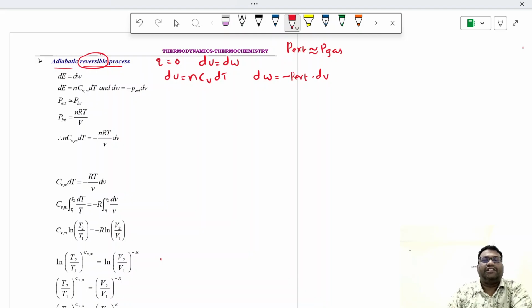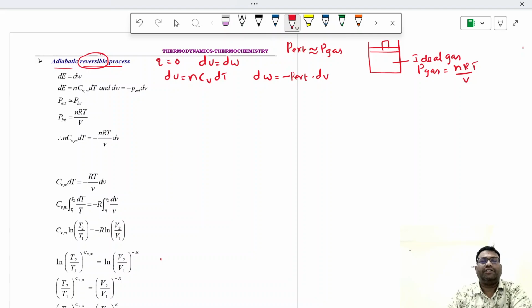And considering that the gas taken here is an ideal gas, the pressure exerted by the gas is equal to nRT by V. Right? nRT by V.